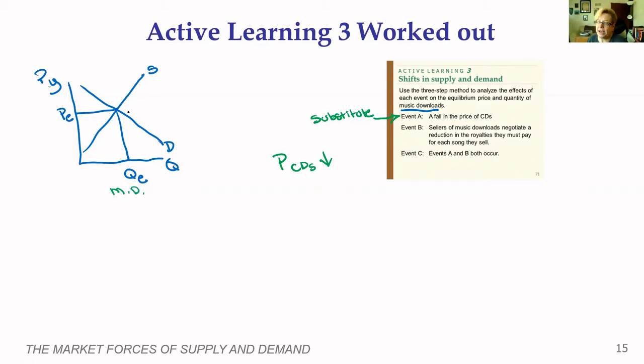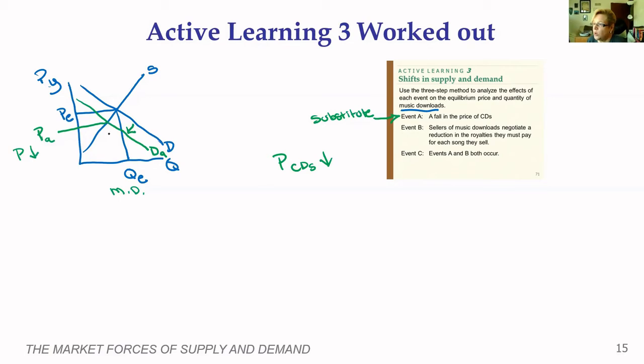Well, more people will buy CDs, less people will buy downloads. So the demand curve for music downloads would shift inward and to the left. So that's my first effect, D, and I'm going to mark it as an A, okay? Now, when that happens, what's going to happen to the price? So now we have P sub A, and we could say the price decreased.